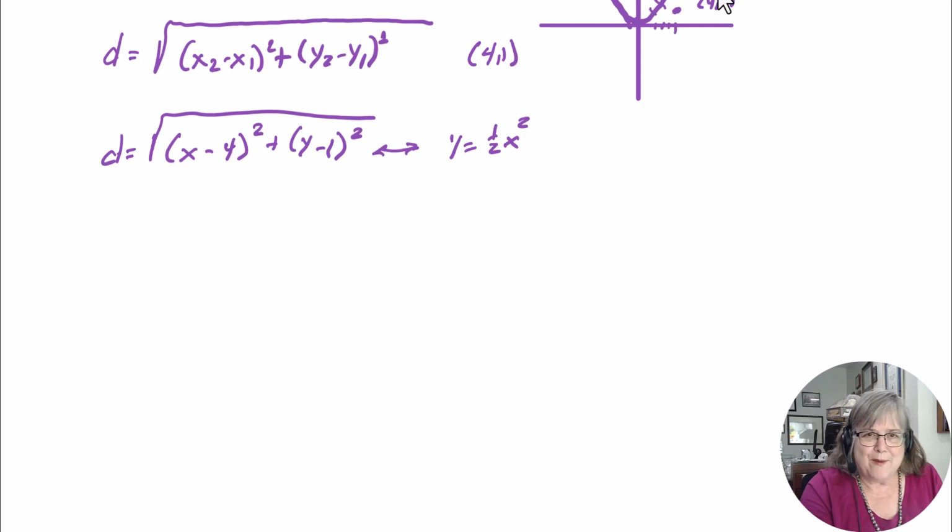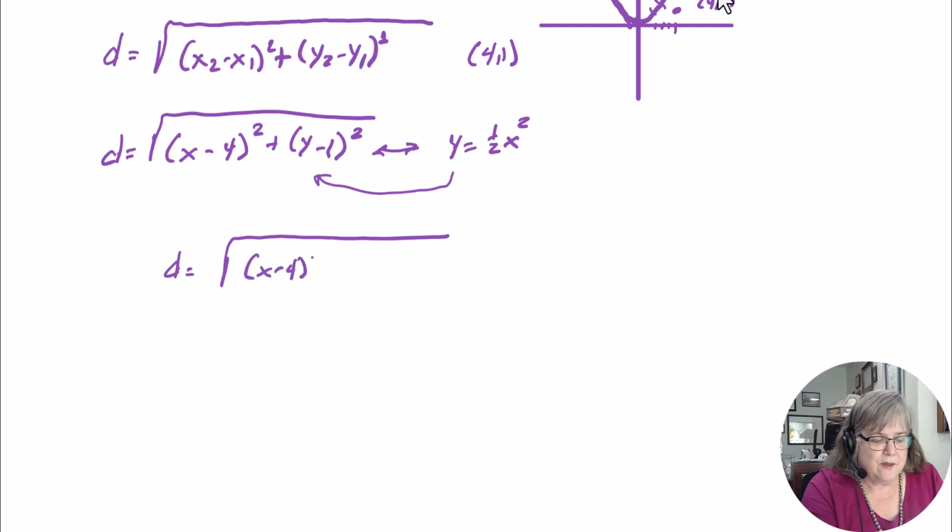And I really like working with x, so I'm going to substitute that in there. So the distance is equal to the square root of x minus 4 squared plus x squared over 2 minus 1 squared.